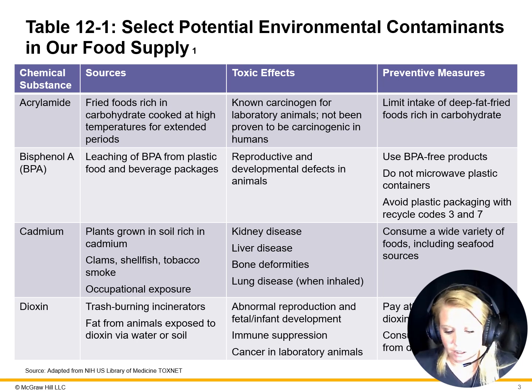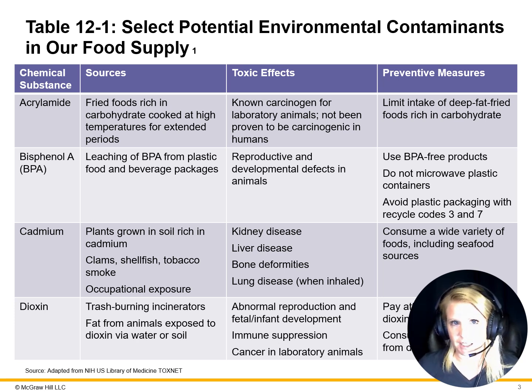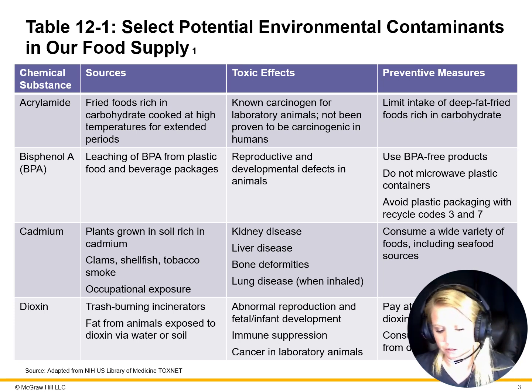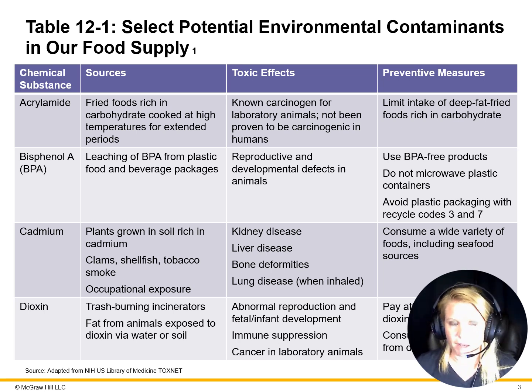It is a carcinogen, at least for laboratory animals. We don't have it proven for humans, but we do see associations between people who consume larger amounts of fried foods consistently through their lifespan and certain types of cancers. And so it could be from acrylamide or a compound like that. There are other ones that are made from deep frying foods.